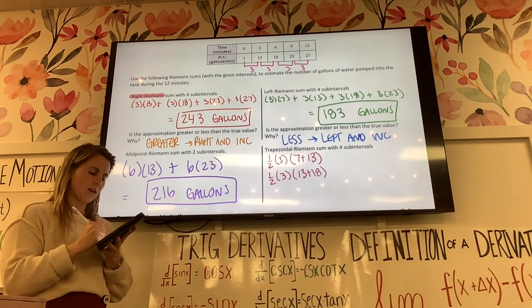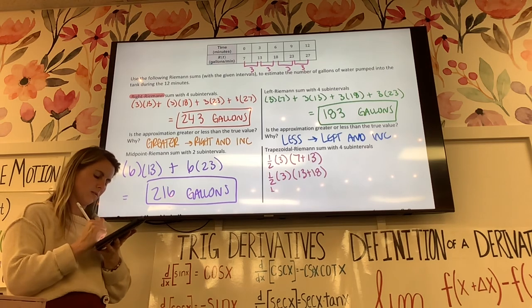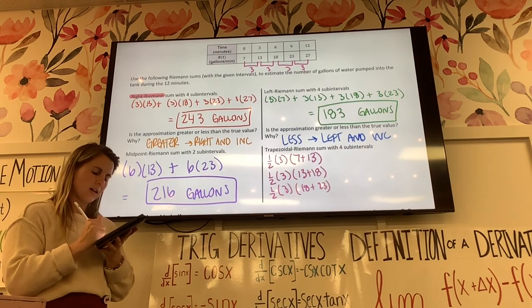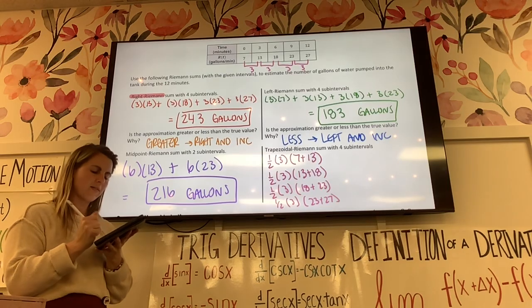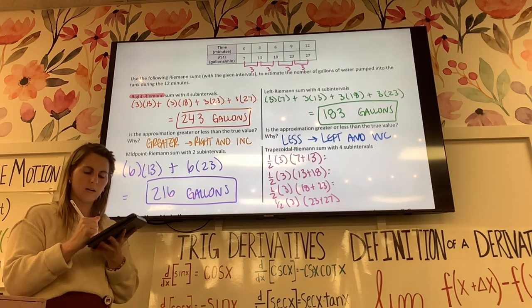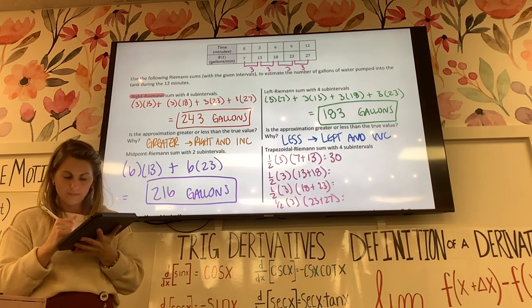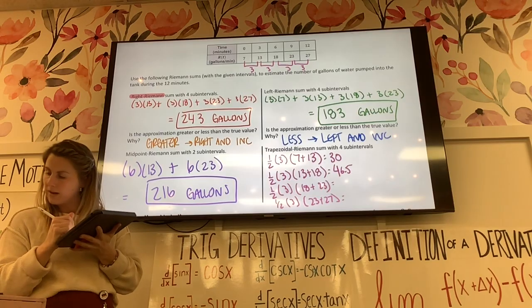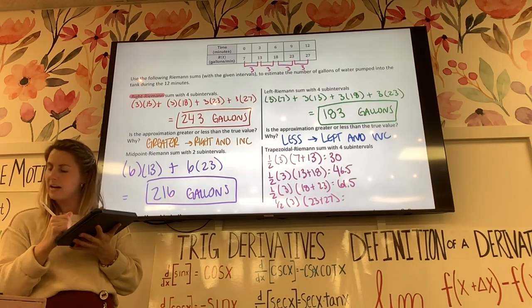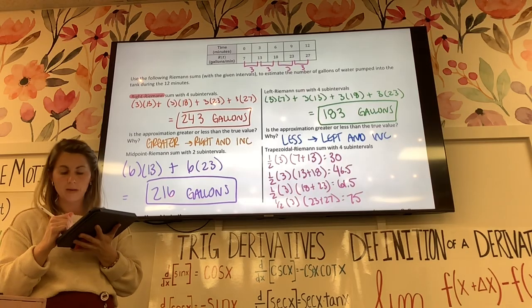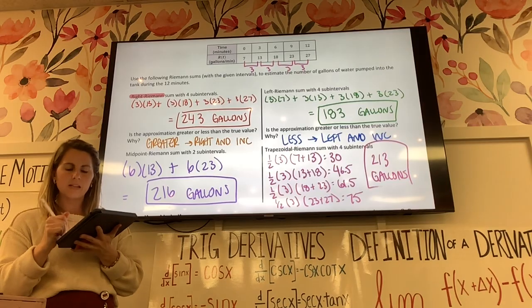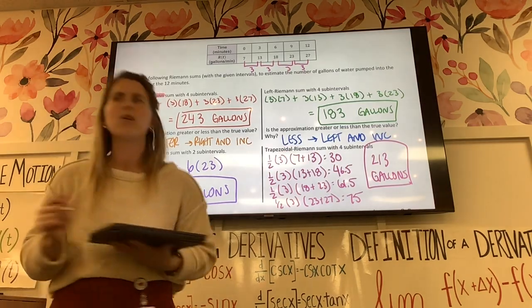And then 1/2 times 3, 18 plus 23. And then 1/2 times 3, 23 plus 27. All right, so 30, 46.5, 61.5, 75. Which is going to give us 213 gallons, which is the best approximation of the area under the curve using Riemann sums.